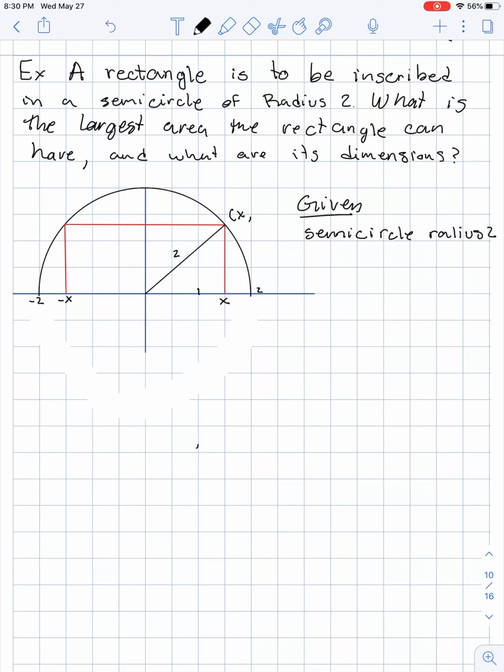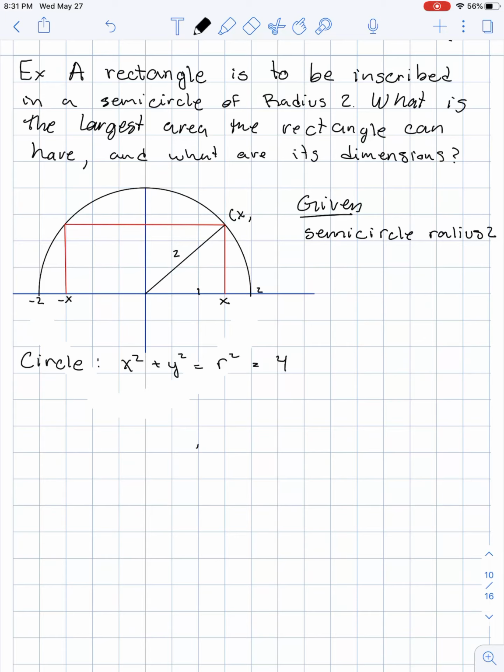It might be some time since you guys had to know the equation for a circle. A circle is x squared plus y squared equals the radius squared. In this case, the radius is 2, so it's going to equal 4.